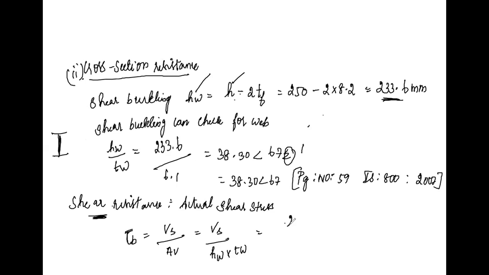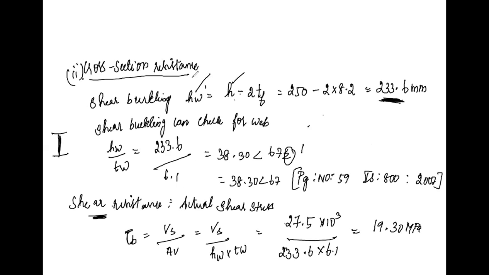Vs is the shear force we already calculated, 27.5 into 10 to the power of 3, divided by 233.6 into 6.1. The value is 19.30 MPa.